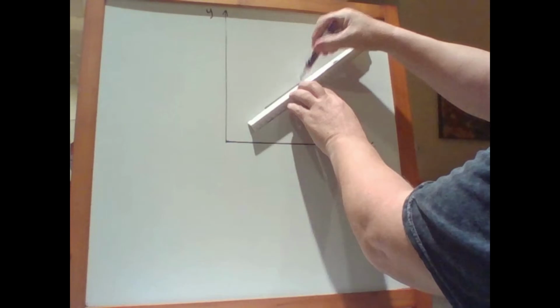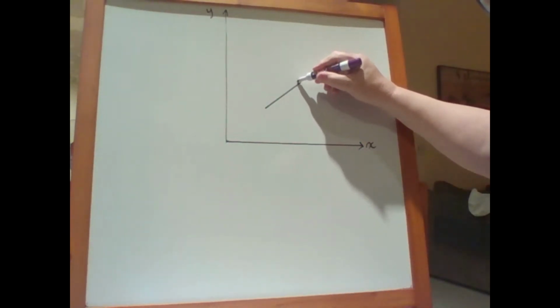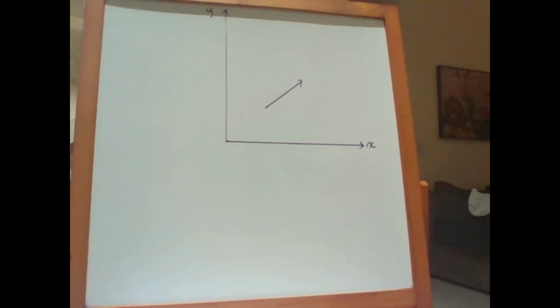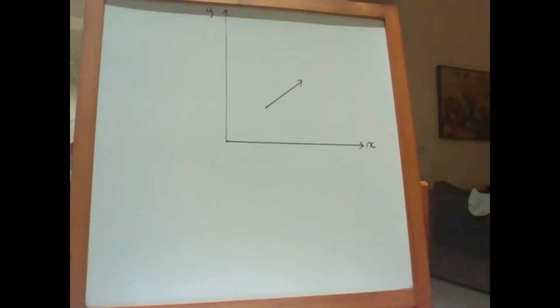And forces are represented by arrows to give it a component, a directional component, and the length of the arrow represents the magnitude of the force component.